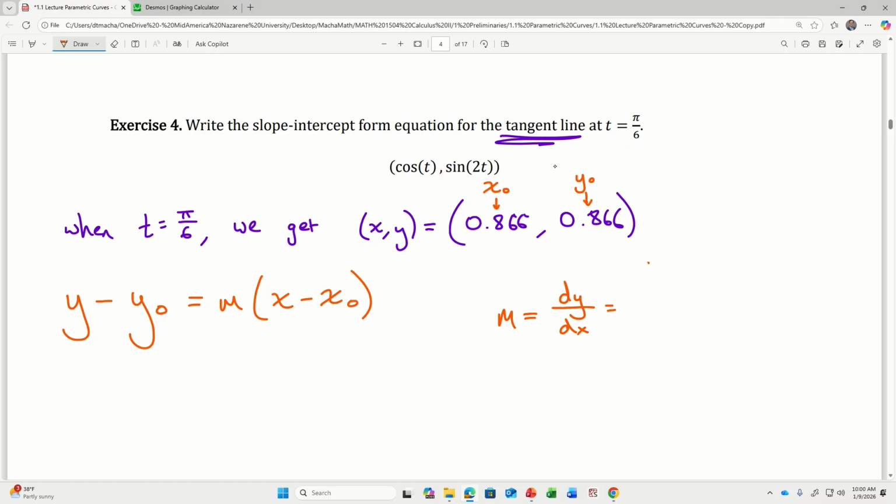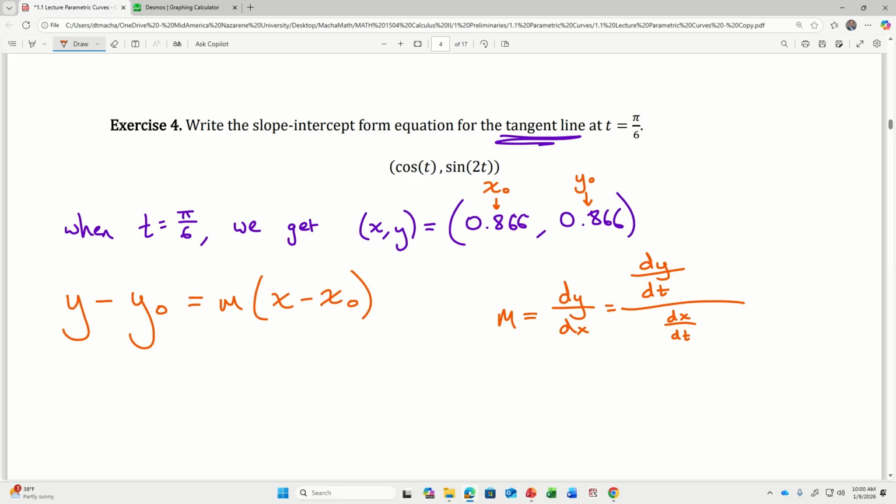So if I were to take dy dt and divide that by dx dt, you could multiply the top and bottom by dt, since it's the same change in the same variable.